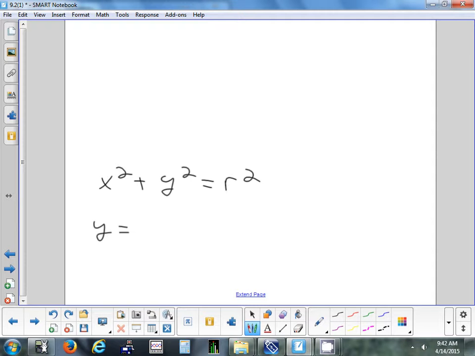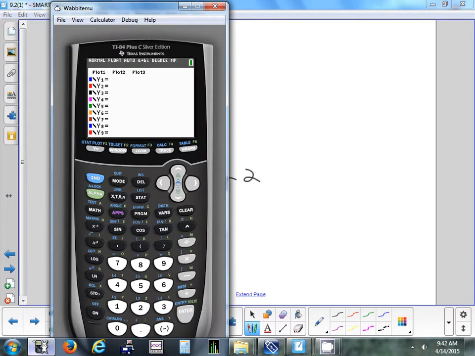Sorry, I was thinking in the polar mode. So if we get y by itself here, you'd subtract x squared, and then you'd have to take a square root. And remember, when you take a square root, there's a positive and a negative. Okay, so in function mode, this is how I'd have to graph a circle.